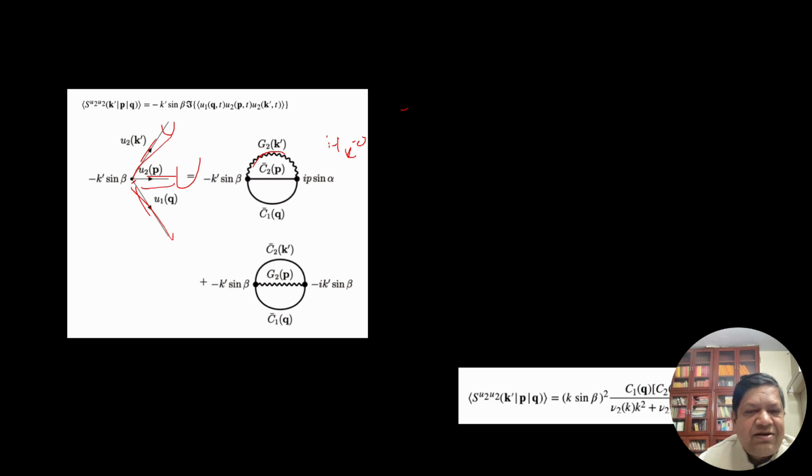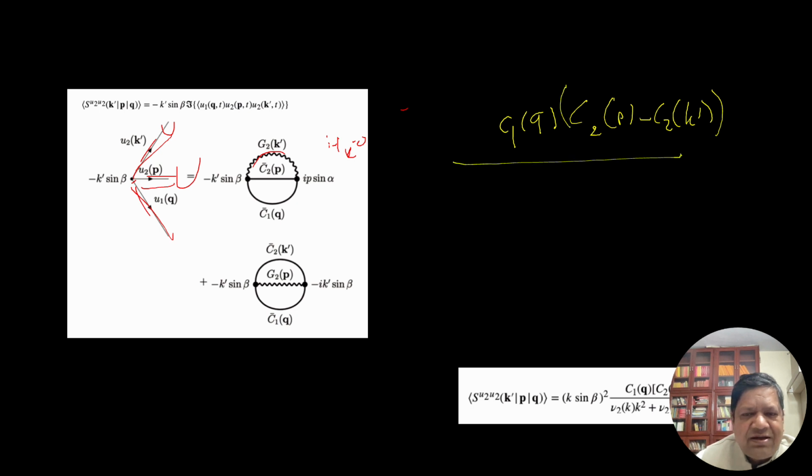So I get C1Q, C2 of P minus C2 of K prime, bracket, divided by nu 2K squared, nu 2P squared, nu 2Q squared. These are a function of K prime, K, P, Q. Okay, and these two are equal.